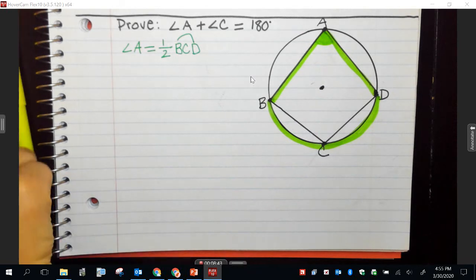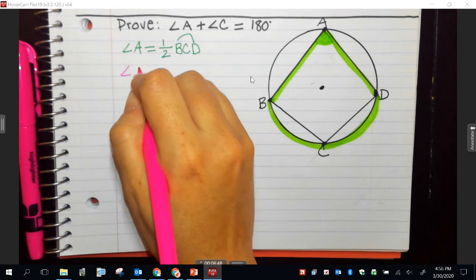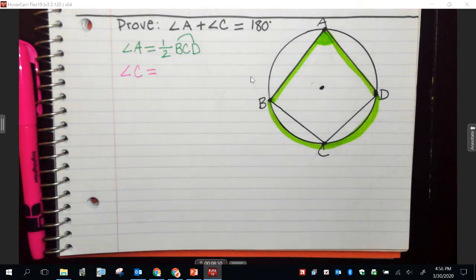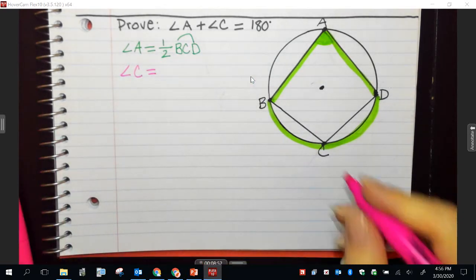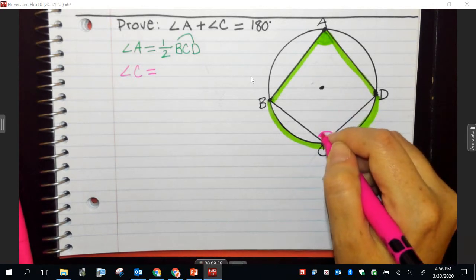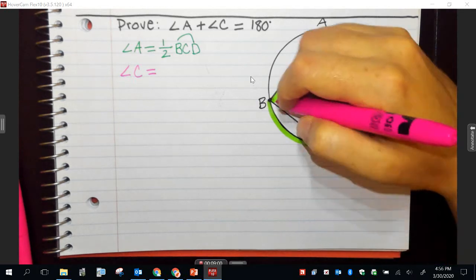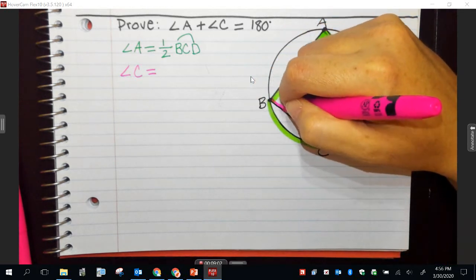In the same way, we can look at angle C. Angle C is another inscribed angle. So I can figure out what angle C is equal to by looking at the arc that it intersects.